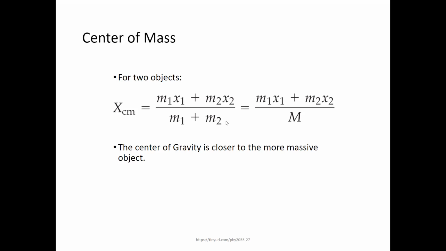If you have more than two objects, you'll keep adding the rest up. So basically, the mass of each object times the coordinate of each object, divided by all the masses added together. That will give you the center of mass for X, and you can do the same for Y to get the center of mass for the Y coordinate.